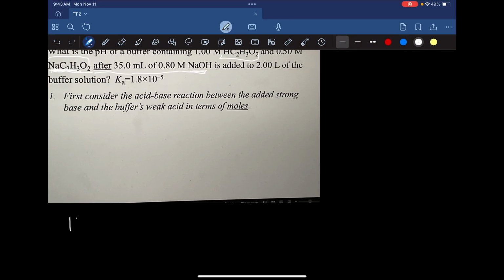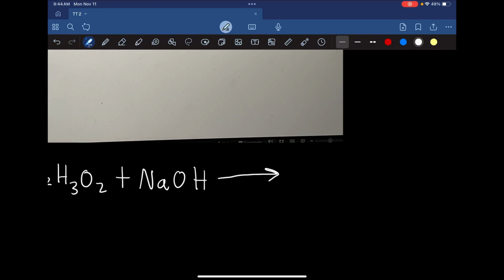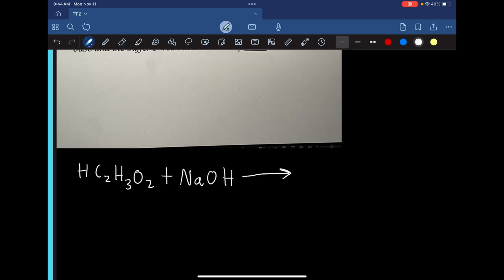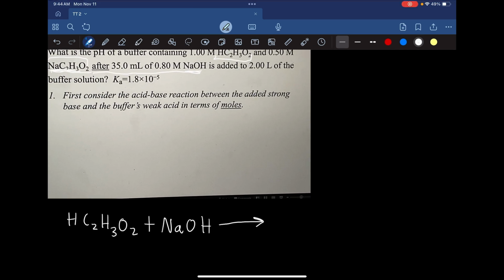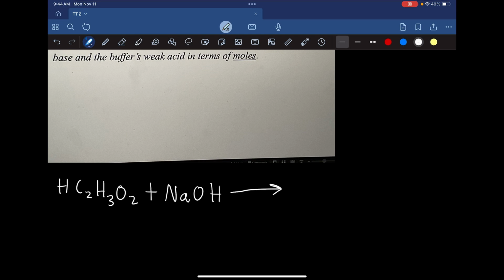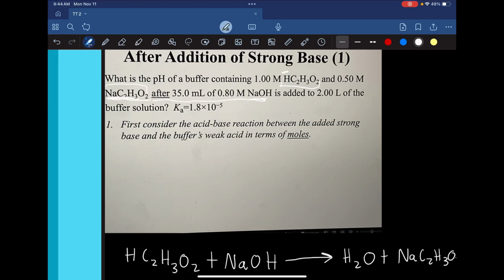HC2H3O2 plus NaOH, which of course is going to be a single arrow because NaOH is a strong base, and that creates H2O plus NaC2H3O2, which you see right here.